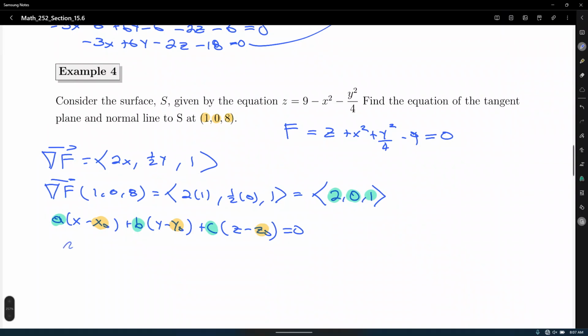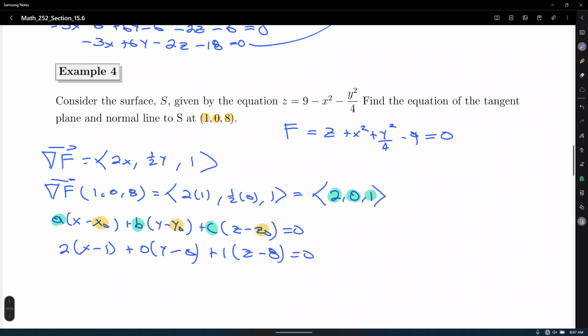So that'll be 2 times x minus x naught, that is 1, plus b, which is 0, times y minus y naught, that is also 0. And c, which is 1, times z minus 8, equals 0.